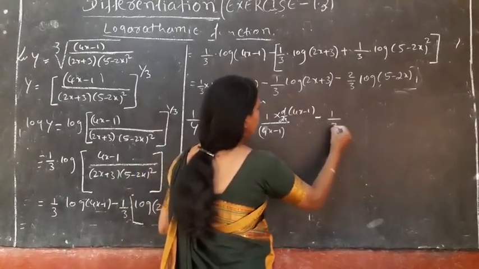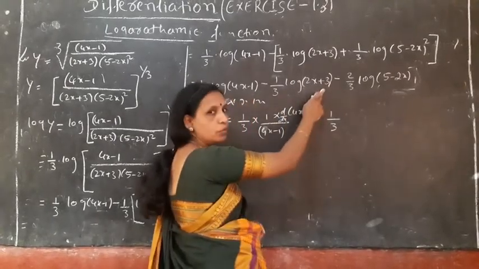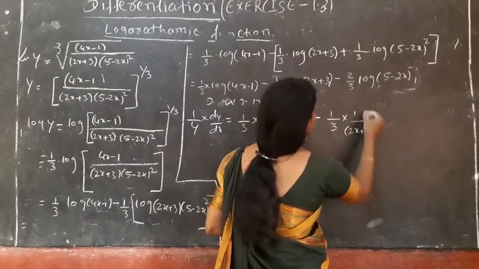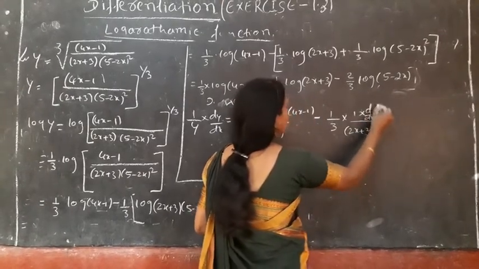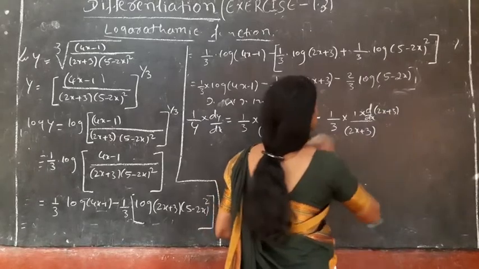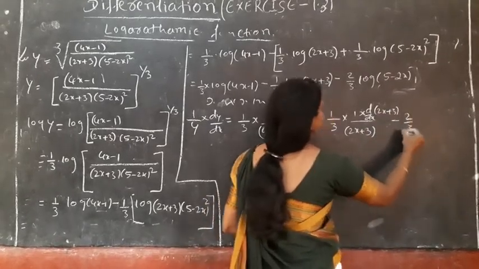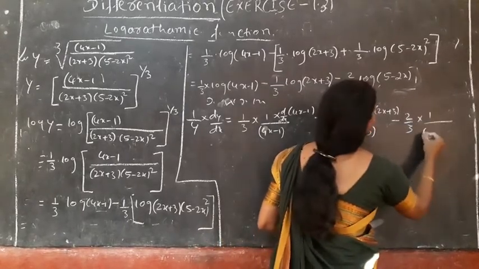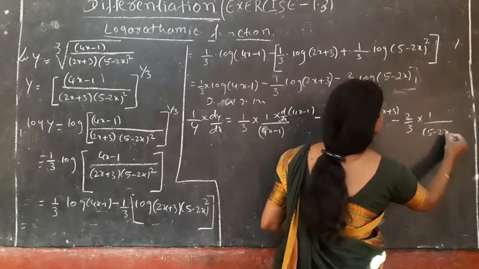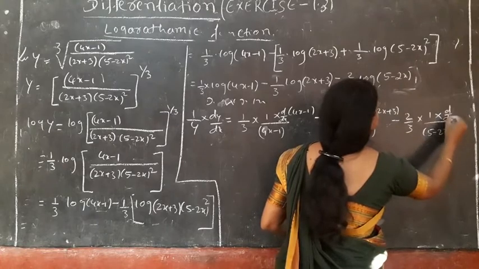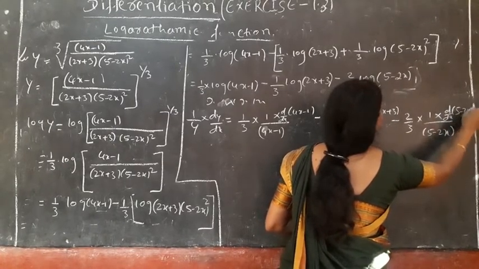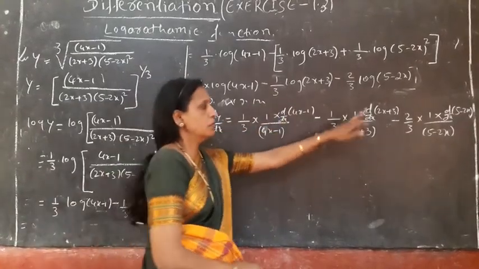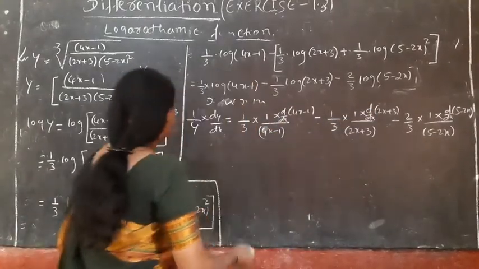Minus 1 upon 3 is a constant, 1 upon the function is 1 upon (2x plus 3) into d by dx of (2x plus 3). Minus 2 upon 3 is a constant; differentiation of this term is 1 upon the function (5 minus 2x) into d by dx of (5 minus 2x).